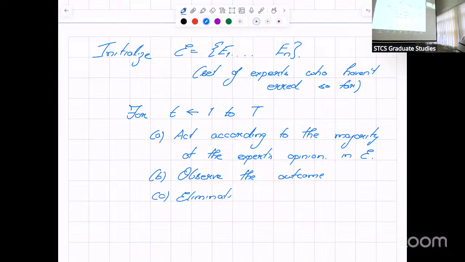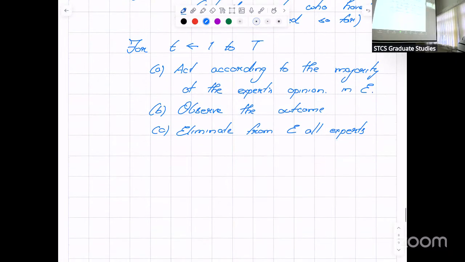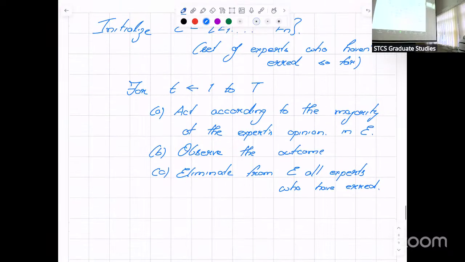Eliminate from E all experts who erred. Yeah, so this is a very natural algorithm.